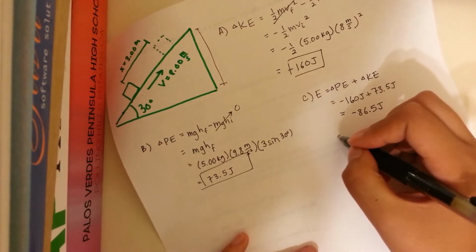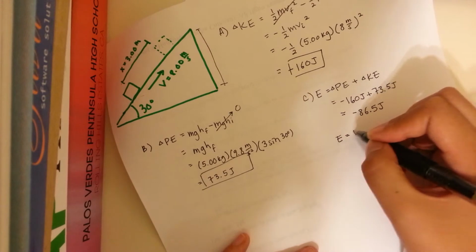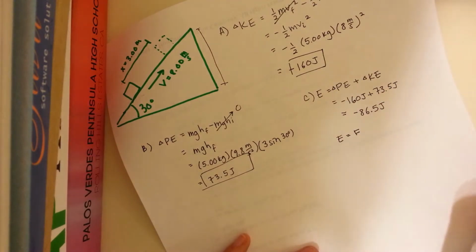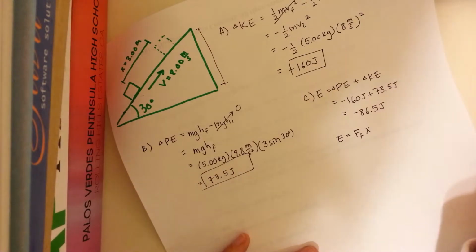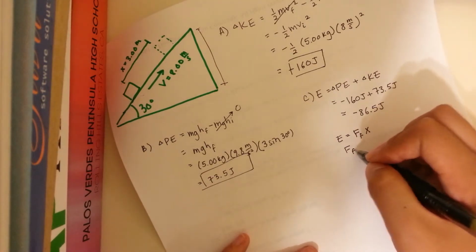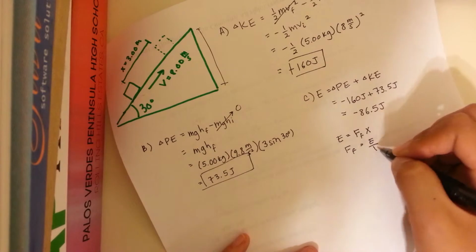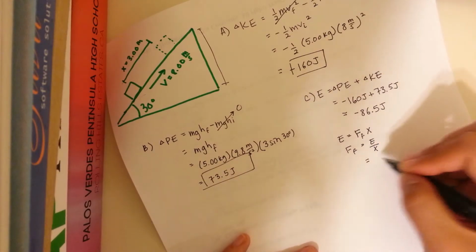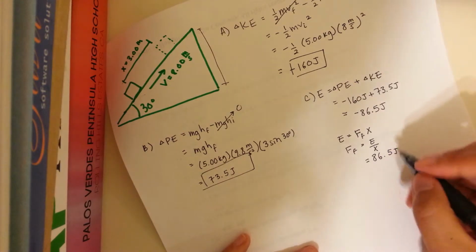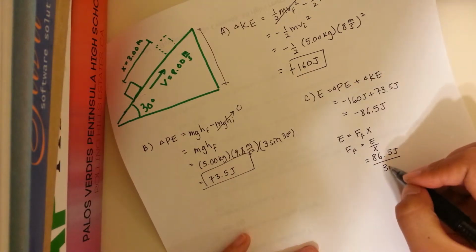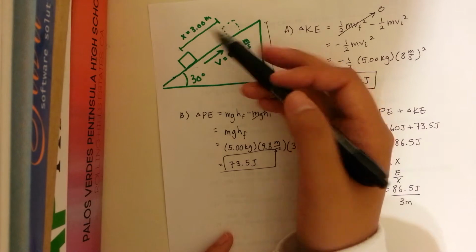Then the total energy expended would be friction force times distance moved. If you rearrange this, you should get the energy over the change in distance, which is 3 meters.